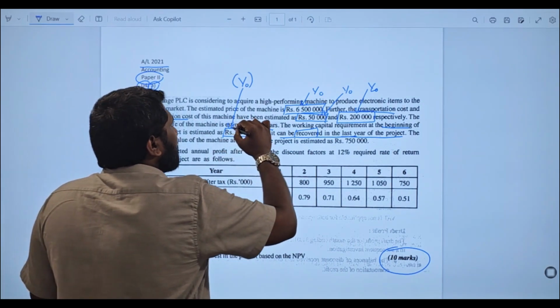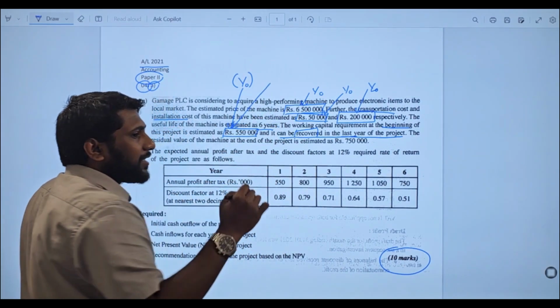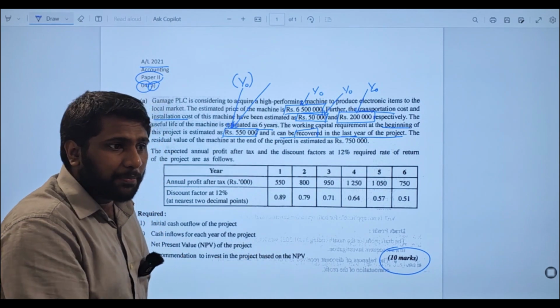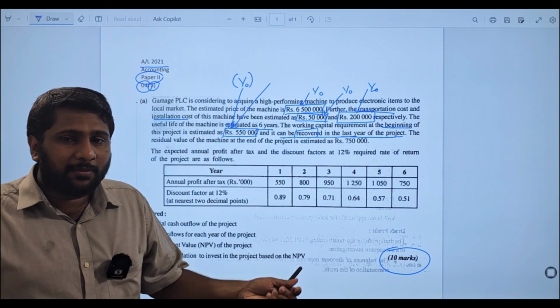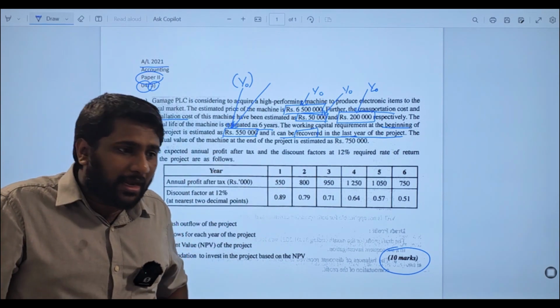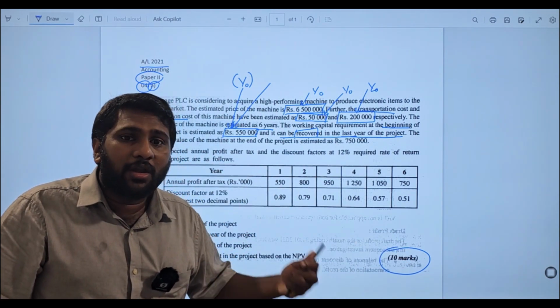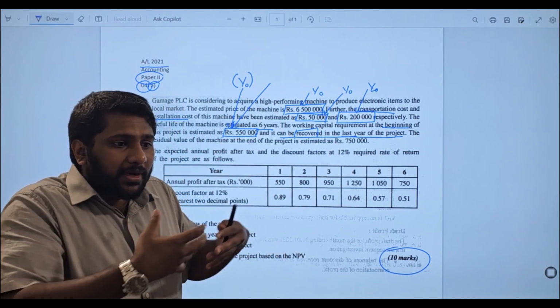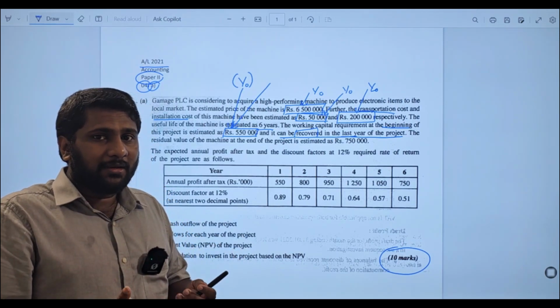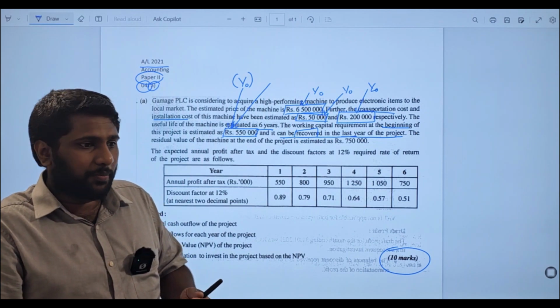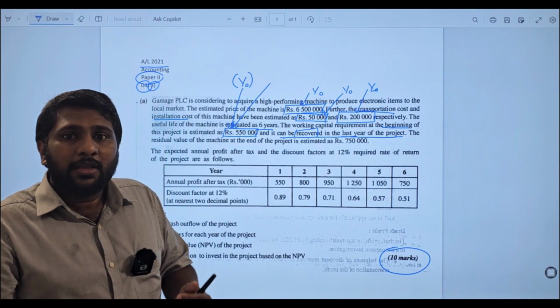Whatever money you invest for working capital purposes, you can get it back. When I am starting the project, I am not going to give money only for the machine. Once you purchase the machine, to run the business you need money, right? To purchase materials and to pay your labor, you need money.